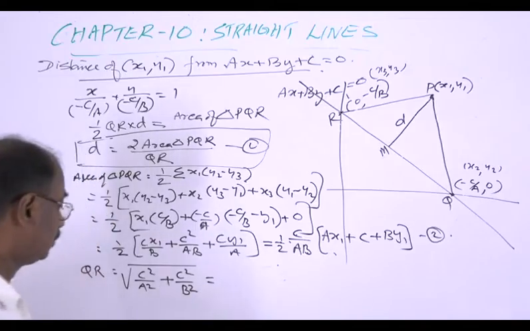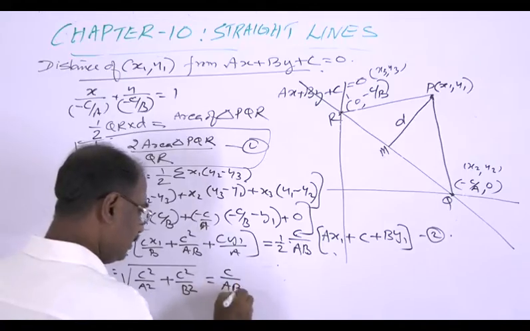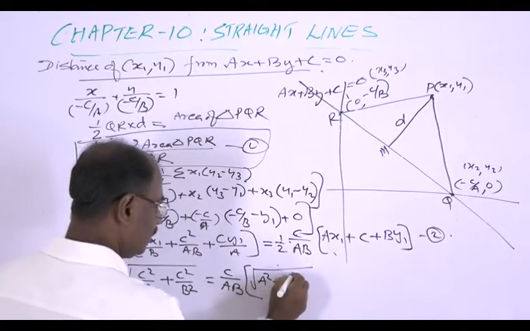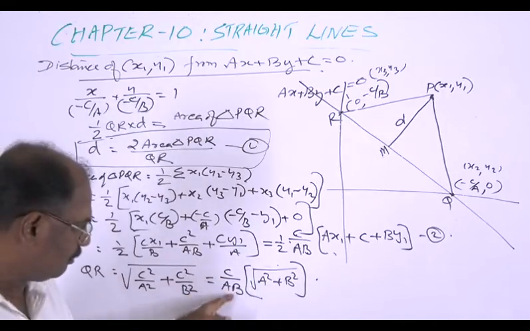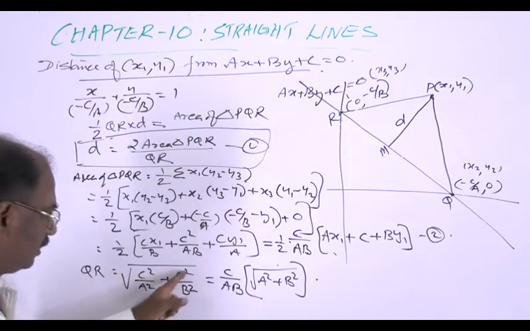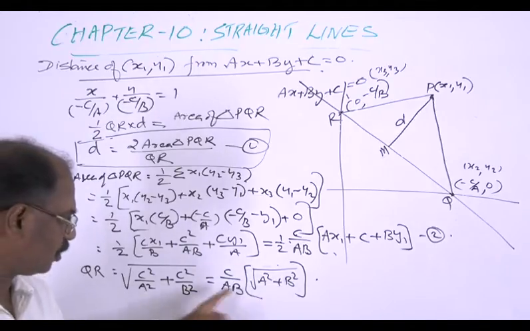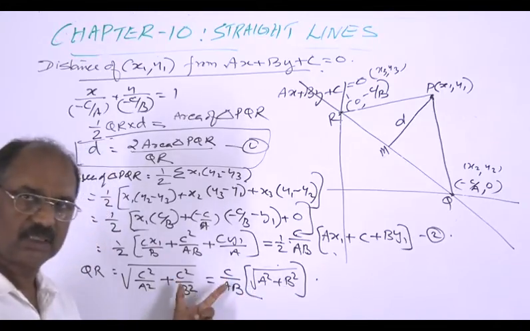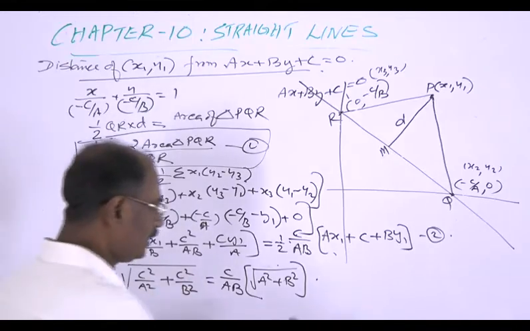So this is equal to, taking c squared outside, c by ab into the root of a square plus b square. With this simplification you will get this. So this is equation 3.